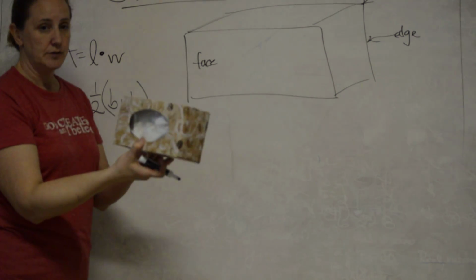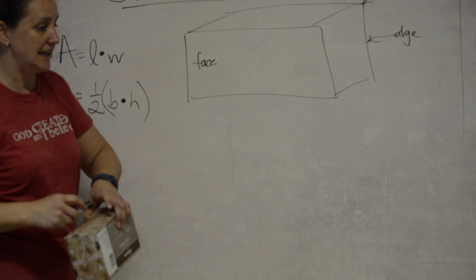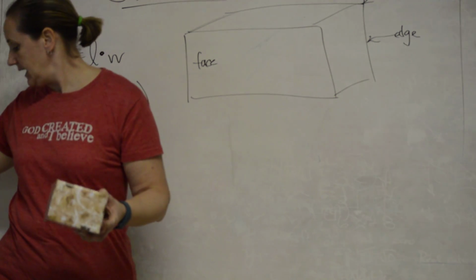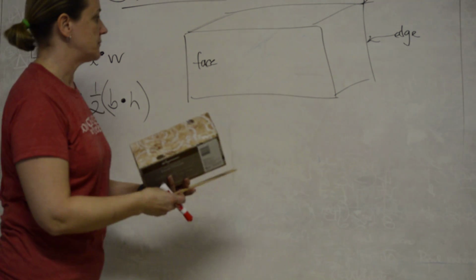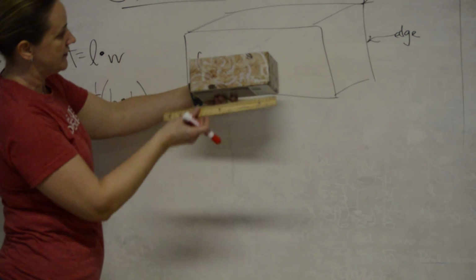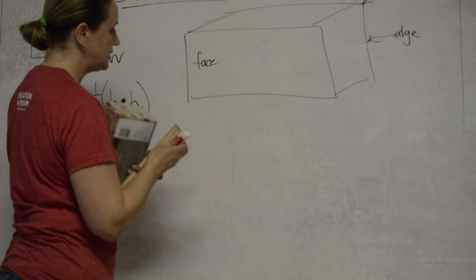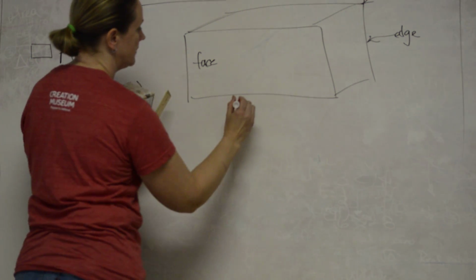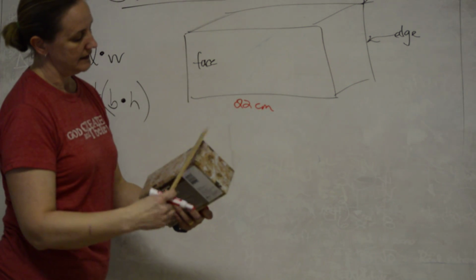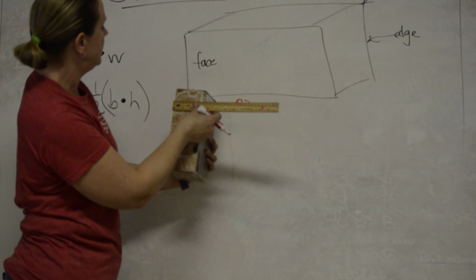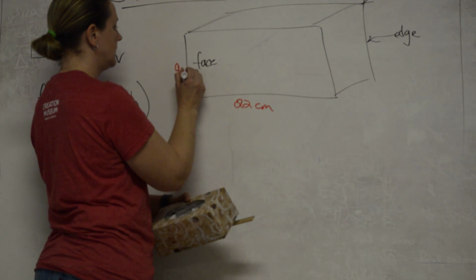Okay, so let's say I was doing this tissue box. If I'm going to do the tissue box, I'm going to take each face and measure it, and figure out what the measurements would be. So I'm going to first of all look at this one here, and I'm going to measure it, and this one is 22 centimeters long, and it is, let's see, 9 centimeters tall.